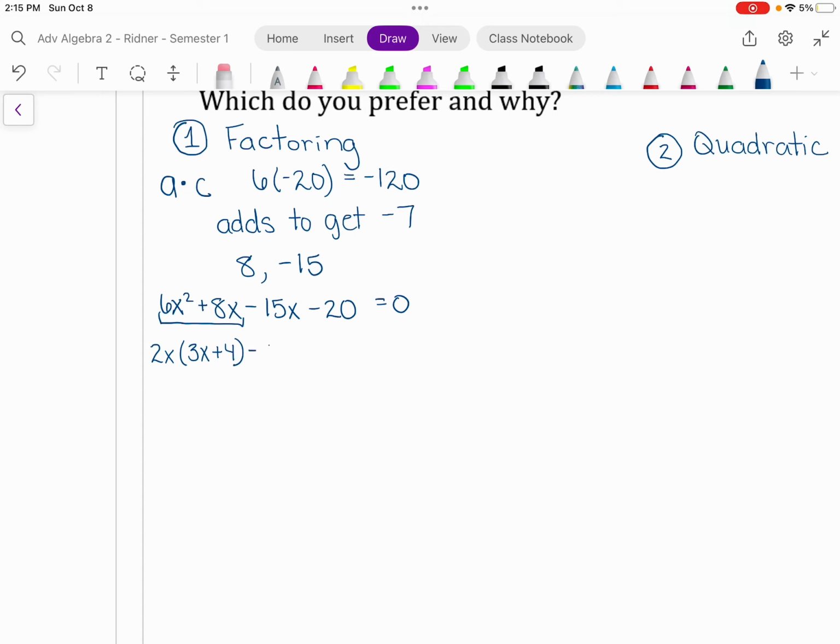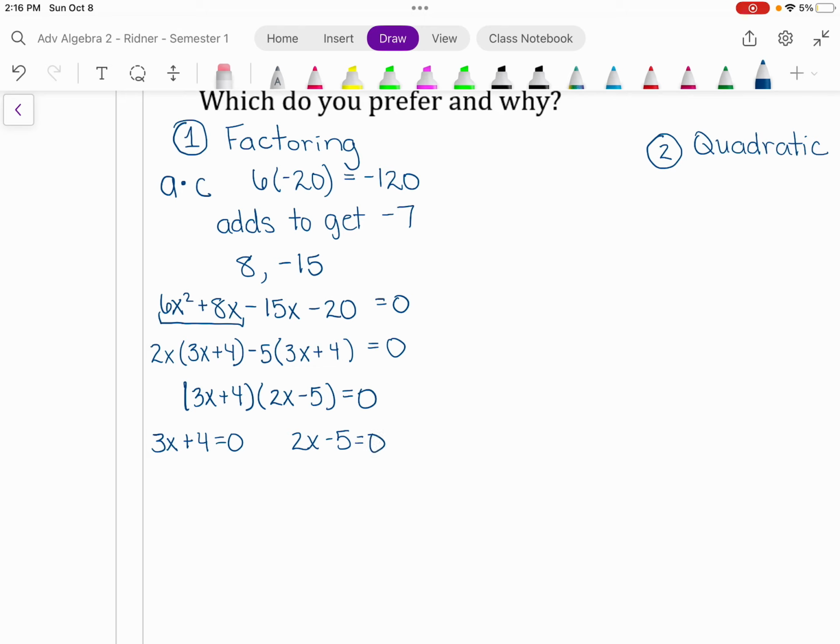Here I have negative 5 in common, which leaves me with 3x plus 4. My parentheses match, so that's a good sign. My leftovers are 2x minus 5. And I'm going to set each one of those equal to 0 to solve.